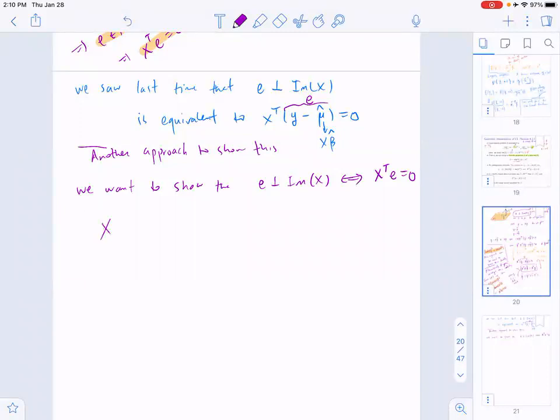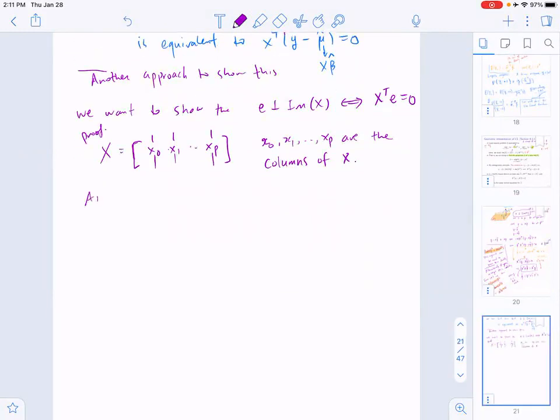So proof: if I write X as X0, X1, up to XP, these are the columns of X. So argue that E is orthogonal to the image if and only if E is orthogonal to Xj for j equal to 0, 1, 2, up to P, for all these columns.